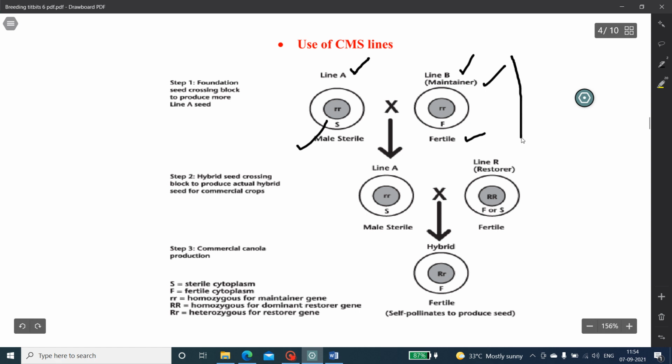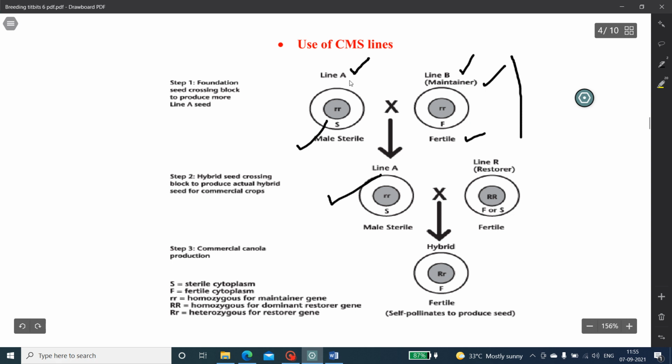Both are isogenic lines. They are similar to each other except for the fertility of the pollen. In the A line there is no fertile pollen. The B line has fertile pollen that is used to maintain it: A is crossed with B to maintain the male sterility that will subsequently be used for hybrid seed development.